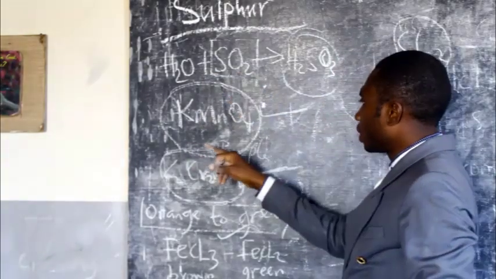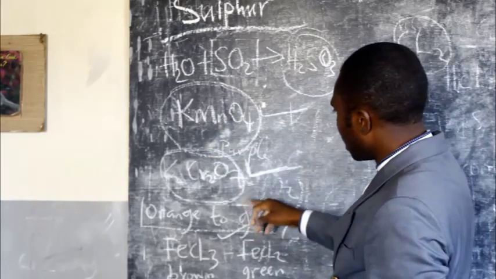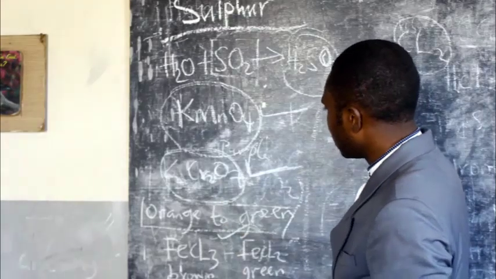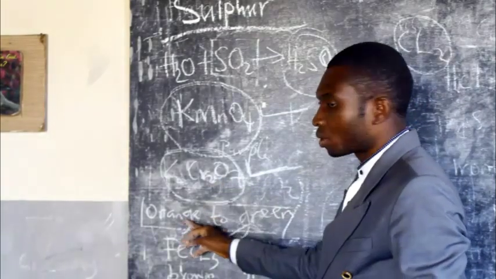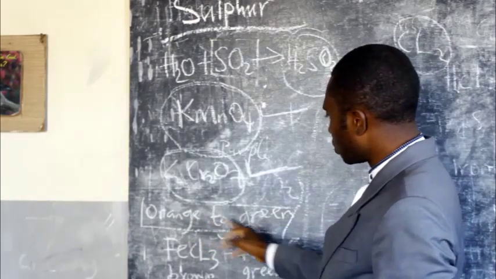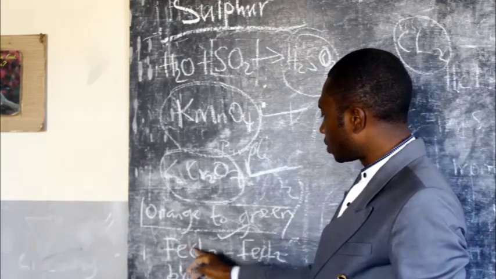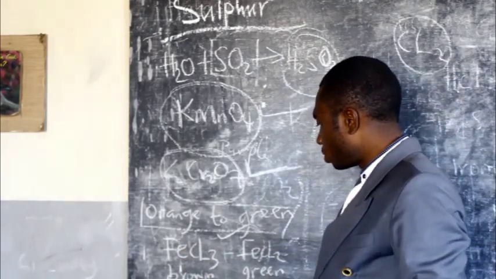Reaction with potassium permanganate and potassium heptaoxodichromate: it will change potassium heptaoxodichromate from orange to what? To green. This iron 3 will be reduced to iron 2. The color will change from what? Brown to green.